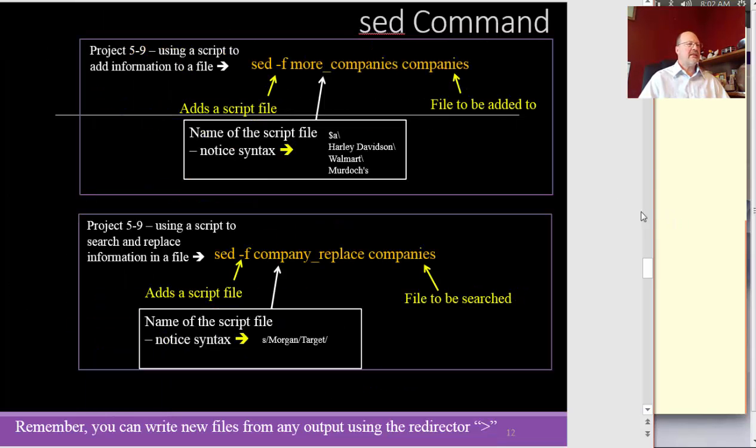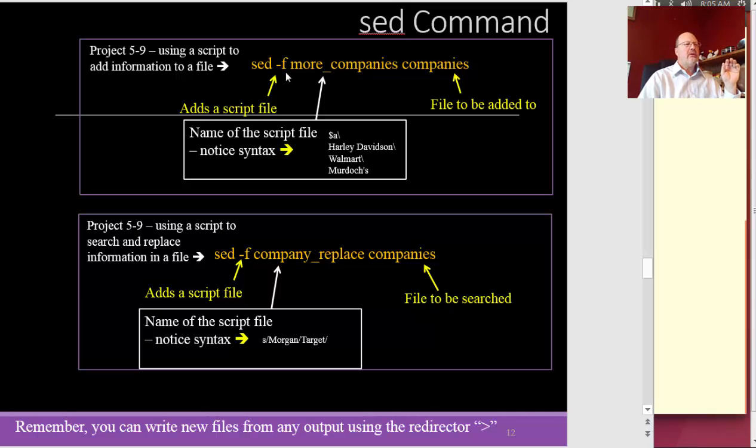Okay, let's see some additional things with the sed command. I just want to run through a couple of these commands on the Linux side again, just to be sure I've got the right files all sorted out. Again, the -f is saying add another script file to the command.